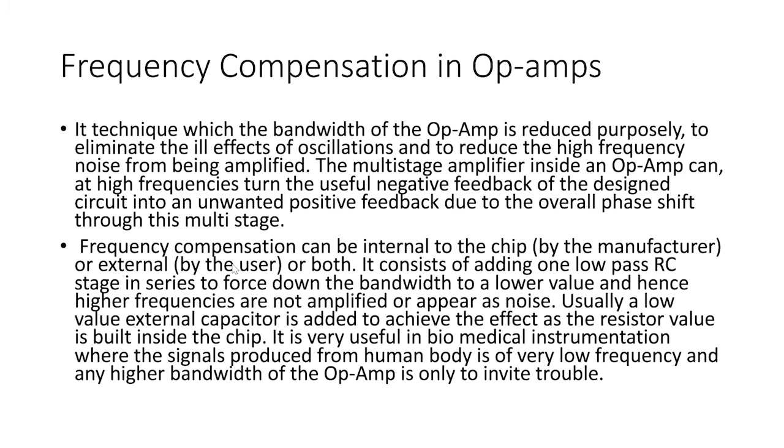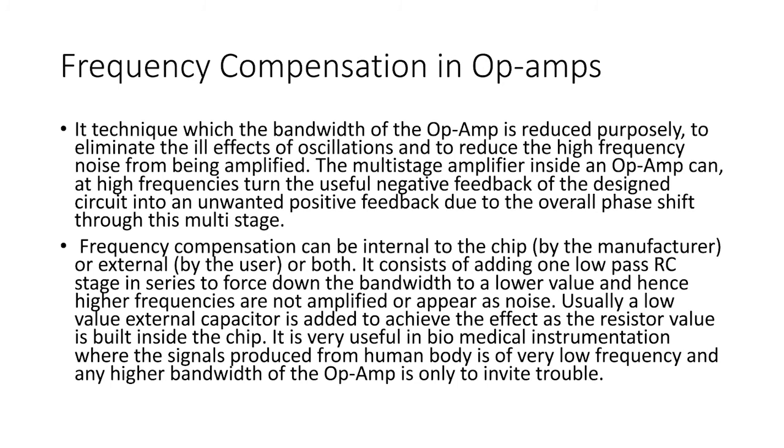Frequency compensation can be internal to the chip by the manufacturer, or external by the user, or both. It consists of adding one low-pass RC stage in series to force down the bandwidth to a lower value, and hence higher frequencies are not amplified or appear as noise.